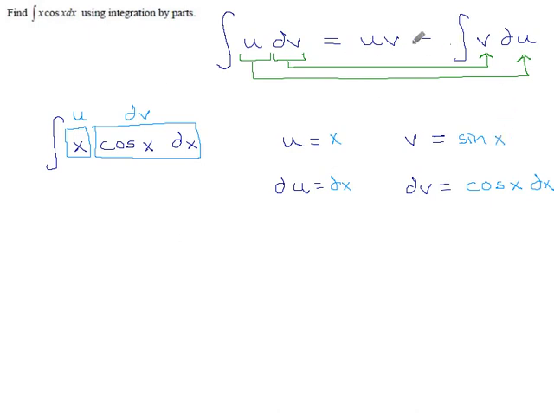So now let's see what this formula gives us. It says this integral is equivalent to uv, which would be x sine x, minus the integral of v du.